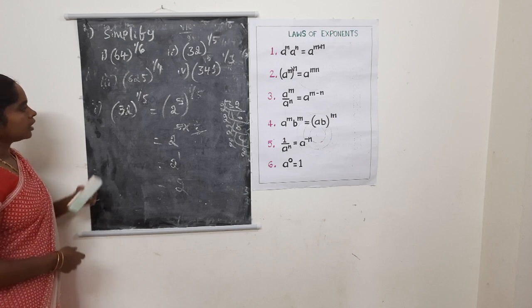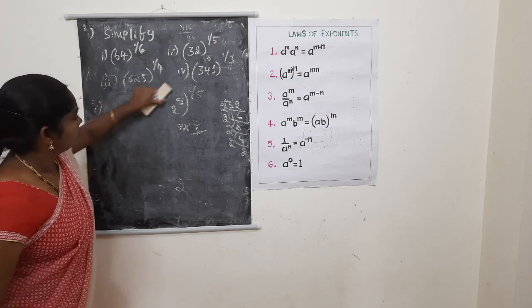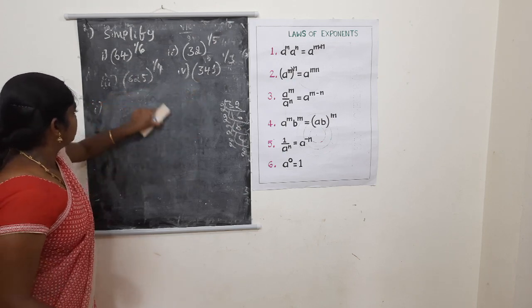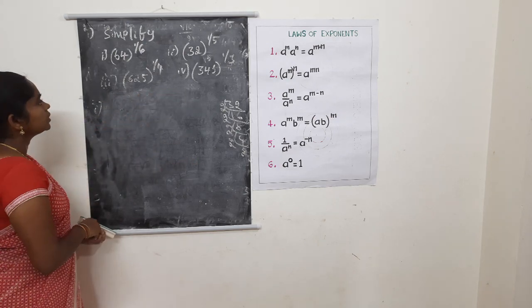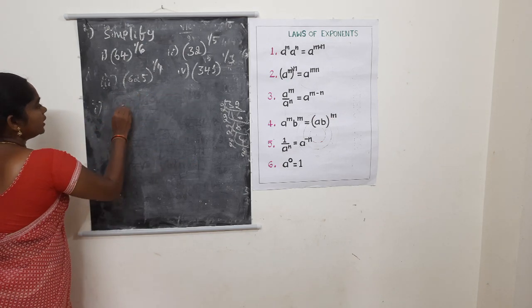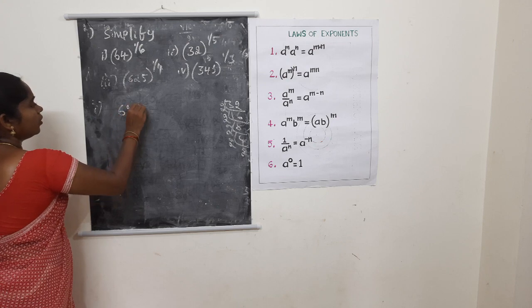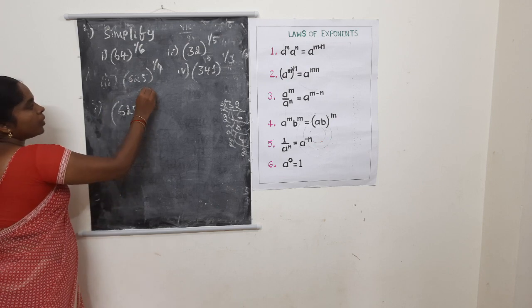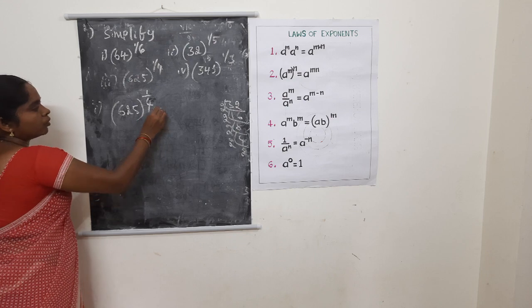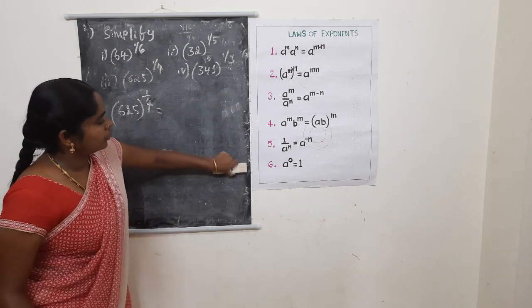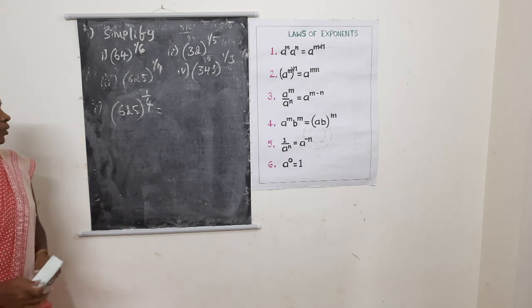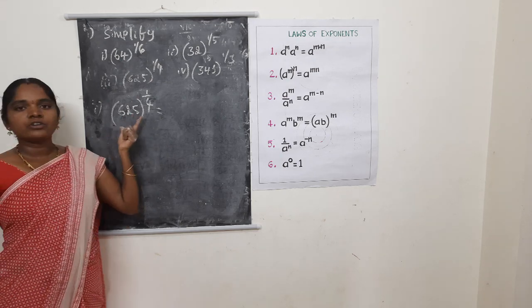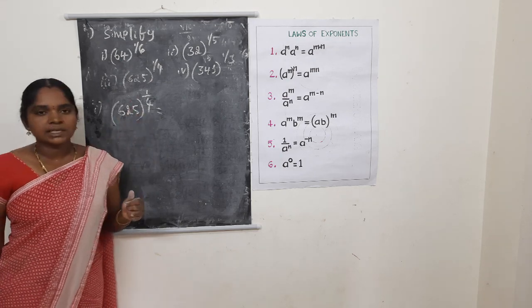Next, the third problem: 625 whole to the power of 1 by 4. 625 is the base, 1 by 4 is the exponent.